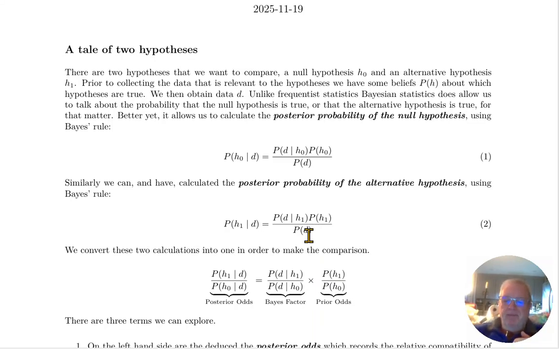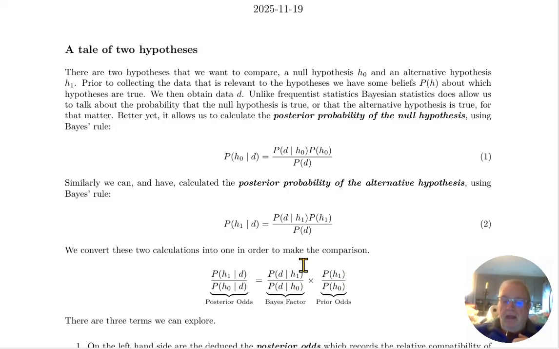And in fact, if we divide one by the other, and here we are doing the probability of H1 given D divided by the probability of H0 given D, we see that we have ratios of two hypotheses.